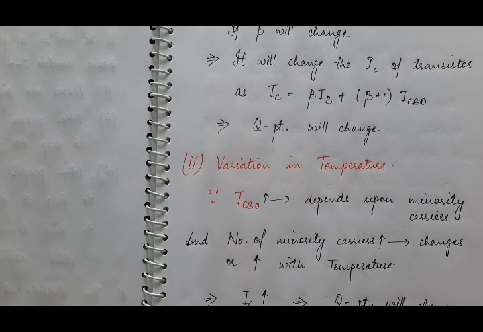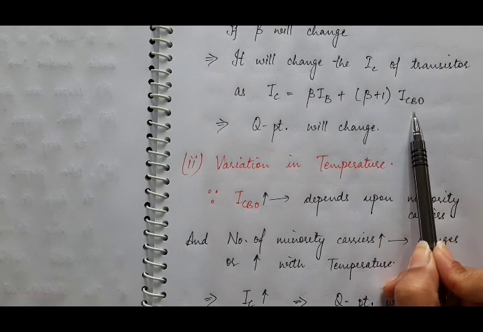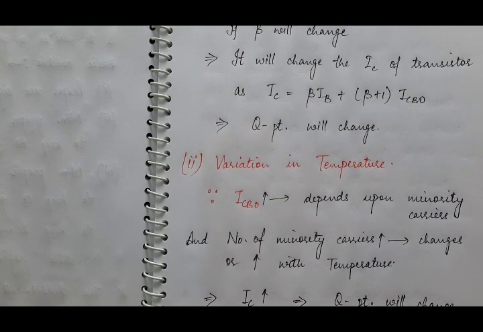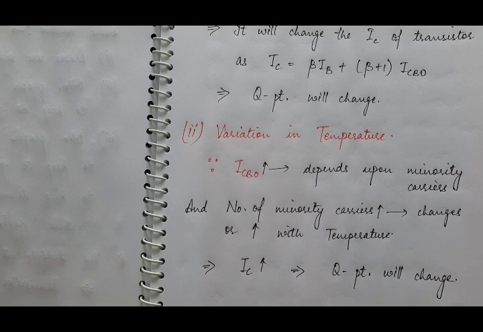When temperature changes, the number of minority carriers will change. If temperature is increasing, the number of minority carriers will increase. That will increase this leakage current, and if the leakage current increases, then collector current will increase. And this will shift your operating point. So in this way, the operating point will change.